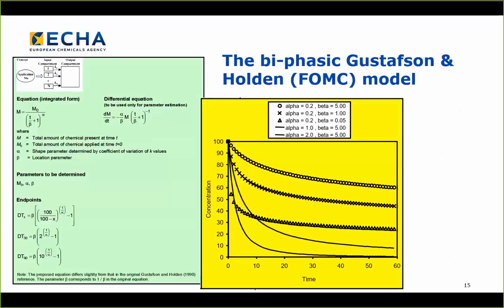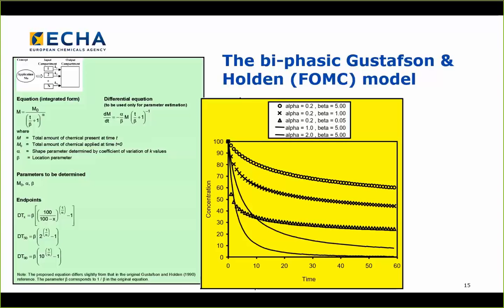And again, it brings us to one of the information boxes, which again contains really all the information that you need to understand and start to implement this model in one of the software packages. So again, it tells us what are the parameters that need to be determined. So again, we have that constant parameter, that M0 parameter, which, as I said before, is the total amount of chemical applied at time 0 at the beginning.